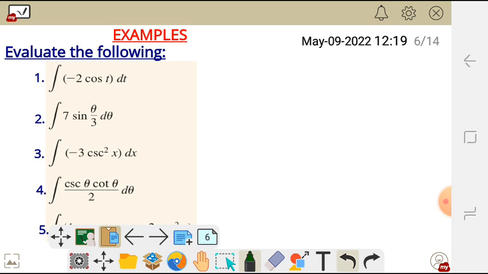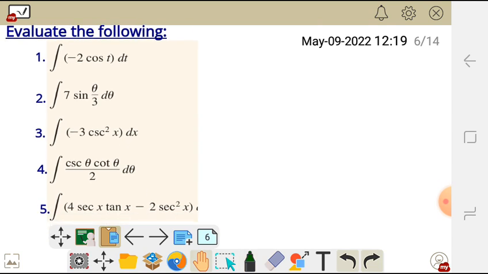The first one is the integral of negative 2 cos t dt, the second one is the integral of 7 sine theta over 3 d theta, the third one is negative 3 cosec squared of x, the fourth one is simply cosec theta cot theta over 2, and the fifth one, which is the last one, says the integral of 4 sec x squared, sec x times x minus 2 sec squared of x.